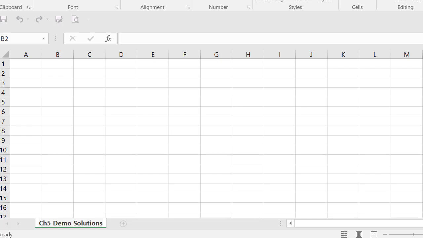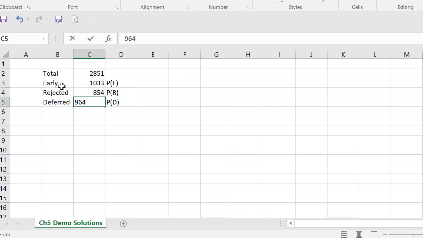It says, suppose that for a recent admission class, an Ivy League college received 2,851 applications for admission. So I've typed in the grand total here, and then of this group, it admitted 1,033 early, rejected outright 854, and deferred 964 to the regular admissions for further consideration.